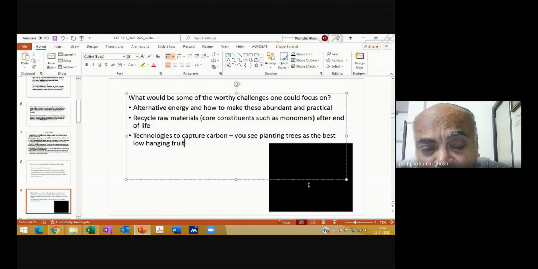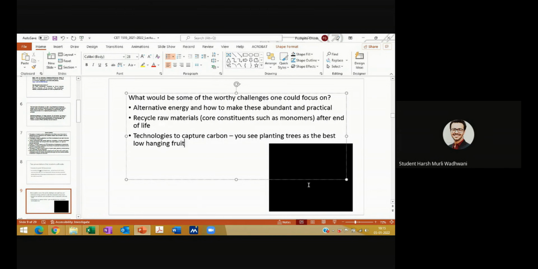Well, let me also tell you that the area which has not been focused on are the oceans. Why do we always think farming has got to be land-based? Right? Yes, sir. That's a nice idea.